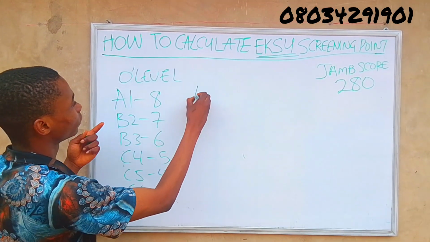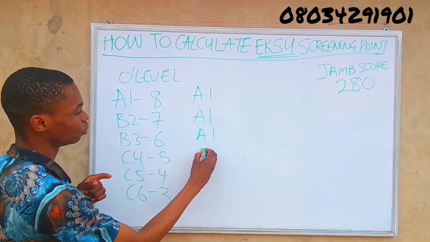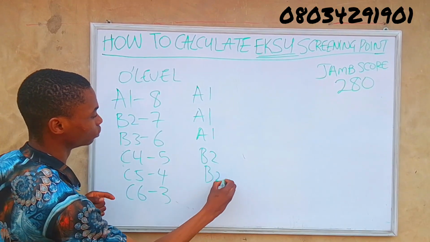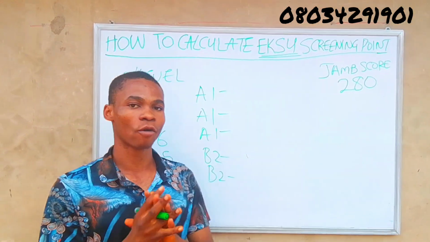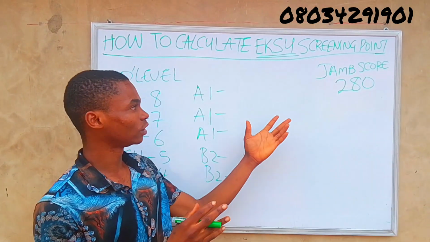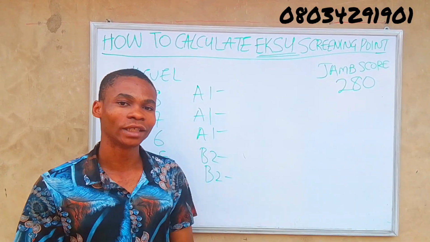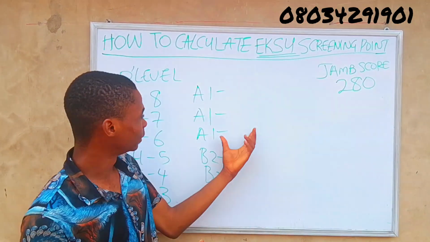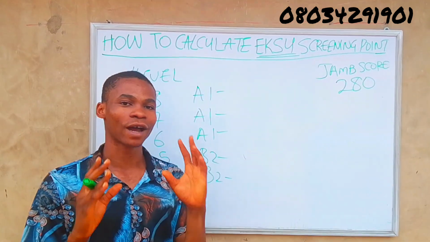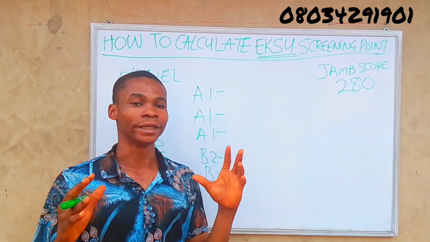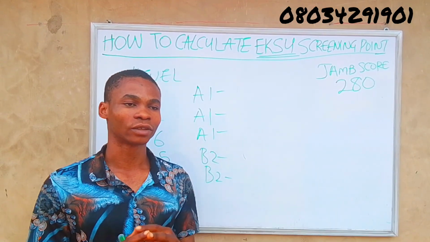So assuming you have 3 A1 and 2 B2 in your O-level result, in the 5 compulsory subjects, maybe you are studying medicine and you have A1 in English, A1 in mathematics, A1 in chemistry, B2 in biology, and B2 in physics, because those are the 5 compulsory subjects to study science courses or health courses.